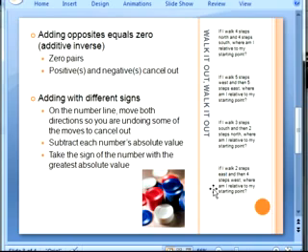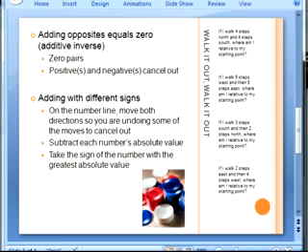Which one am I further away from 0? I'm further away from 0 when I walk west, because the absolute value of negative 4 is 4. The absolute value of 2 is only 2. So my answer has to be negative. I am more west than I am east. The answer then, subtracting the 2 digits, 4 take away 2 is 2. So my answer is negative 2, or 2 steps to the west compared to where I was when I started.